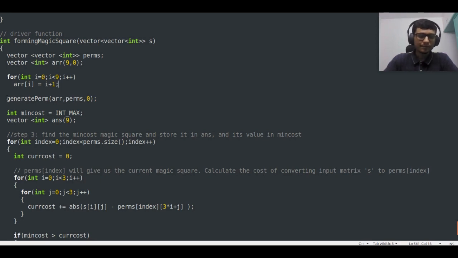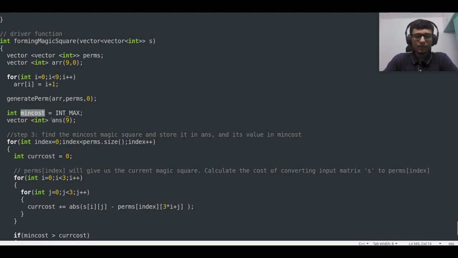After that, we are making this call to the generatePerm function here, and after the execution of this function is over, perms will contain all the 3x3 matrices that are forming magic squares. After that, we are declaring this integer variable minCost, which will contain the minimal cost for converting the input matrix s into a magic square, and we have initialized its value with a very high value, INT_MAX.